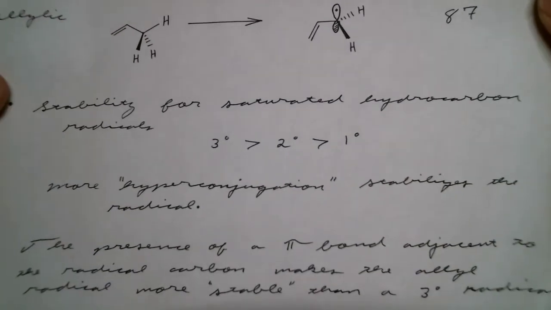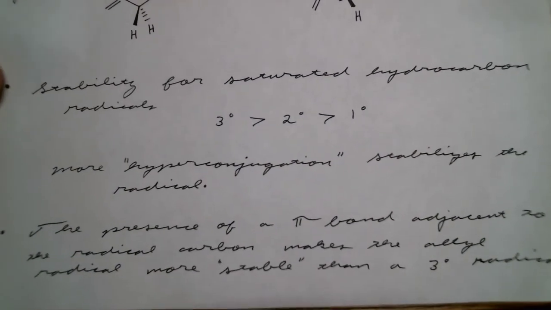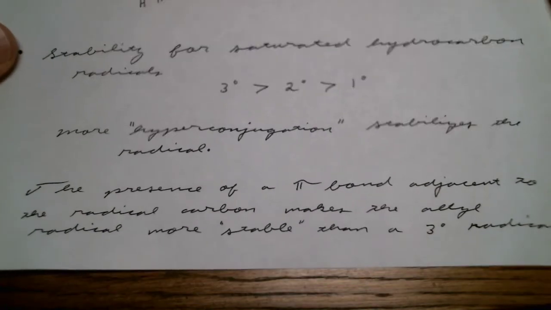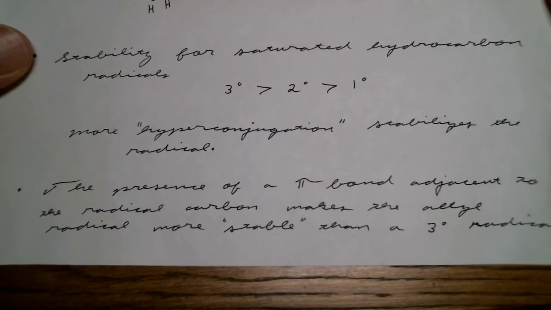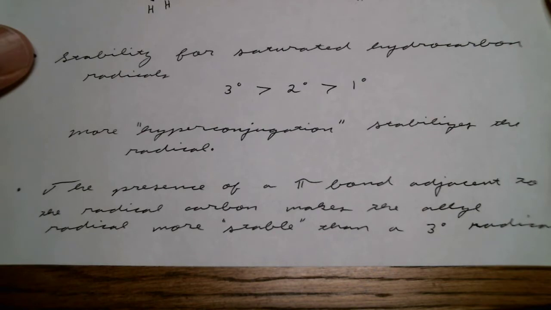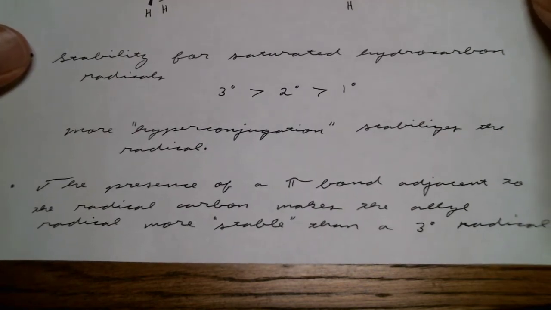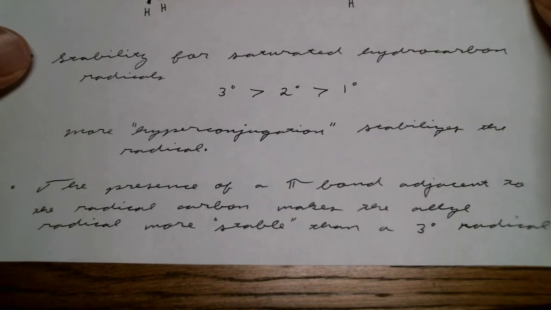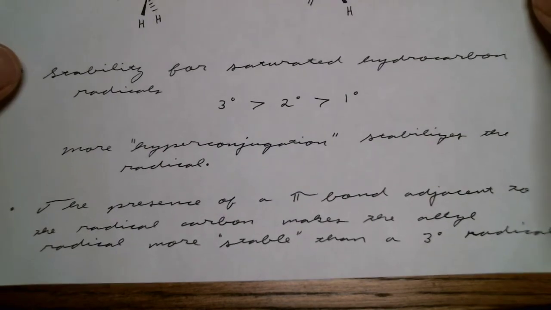So the more hyperconjugation you have, the more stability you have in that radical. And the presence of a pi bond adjacent to the radical carbon makes the allyl radical more stable, that is lower in energy and easier to form, than a tertiary carbon radical.